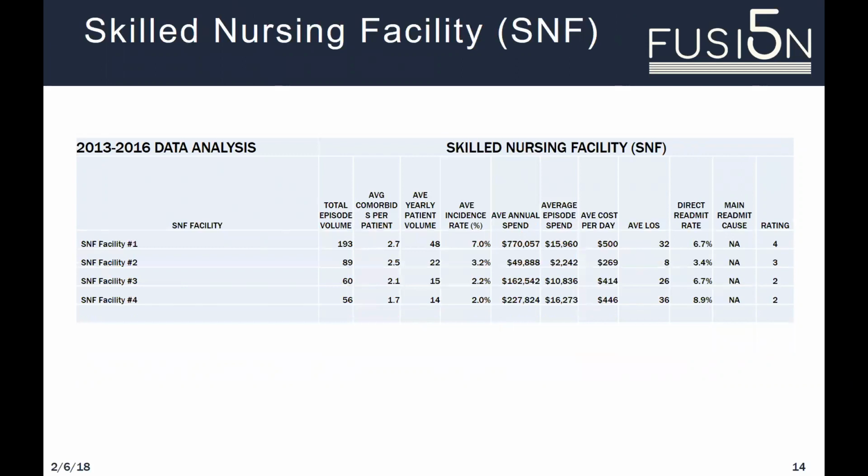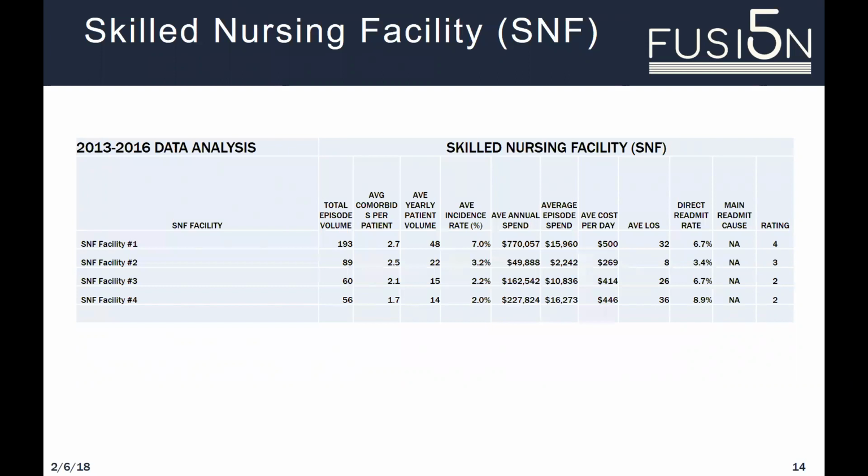As you see, it lists out the different facilities that were utilized during that baseline period and the numbers that go with that. So the total volume, the average spend, the average episode spend, cost per day, length of stay, readmit rate, and then the star rating.